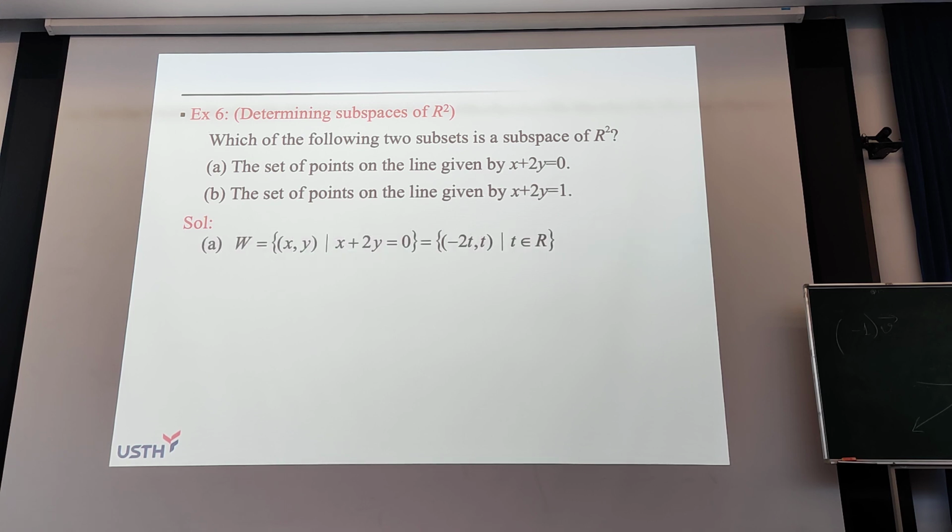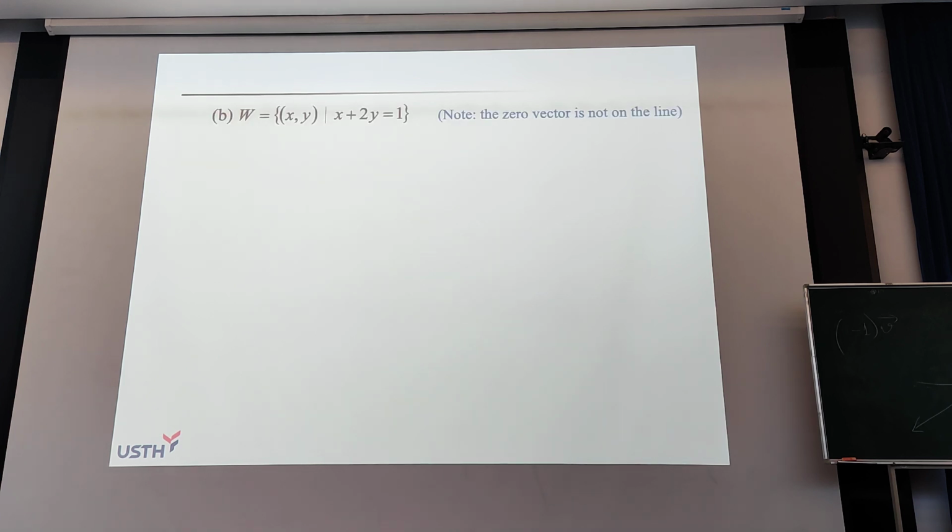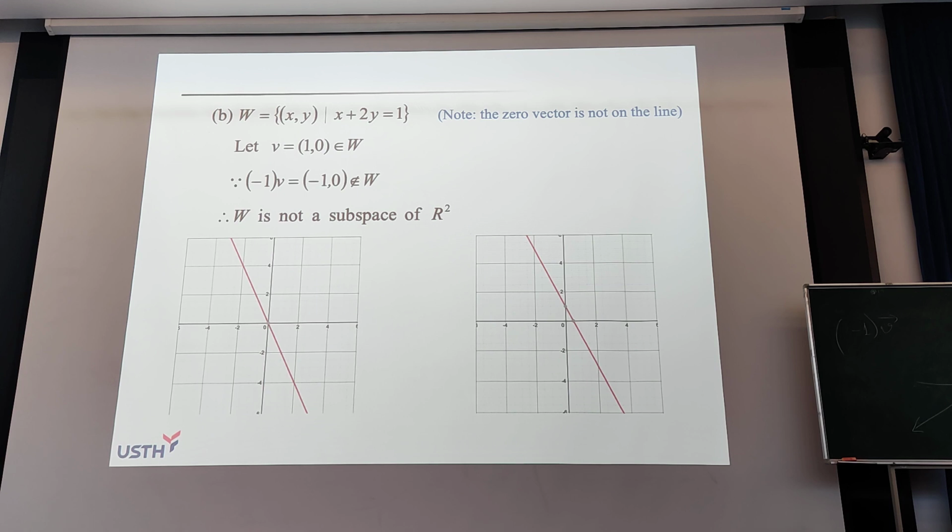We want to show that the first is a subspace, and that the second one is not a vector space. Here A is a subspace and B is not a subspace, and the calculation gives you that already.